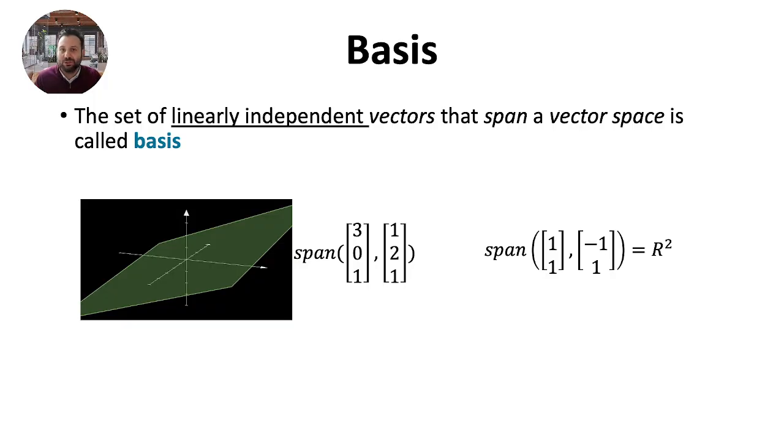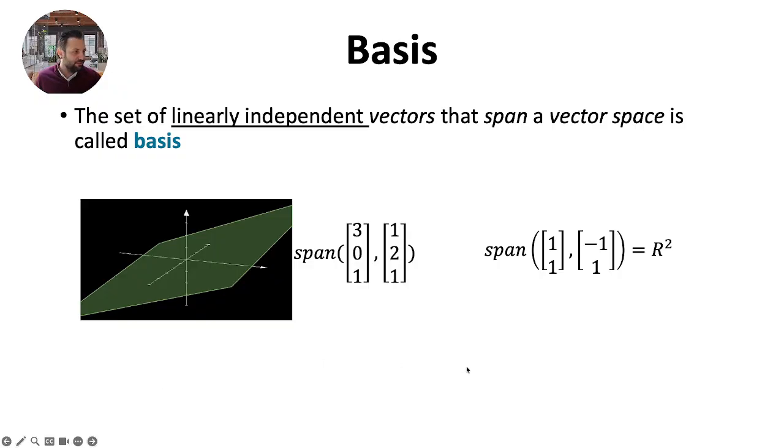You can actually have a span of four three-dimensional vectors, but obviously at least one of them is going to be linearly dependent on the others, so the basis is going to be different.